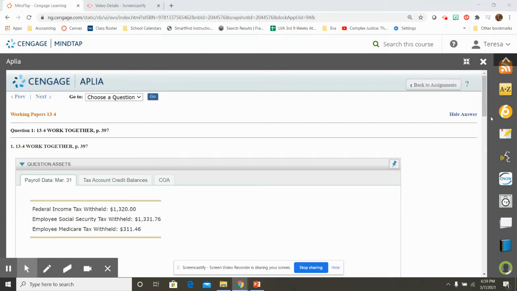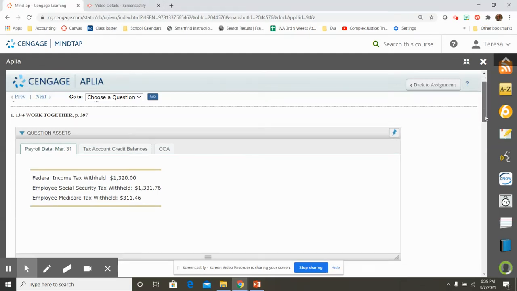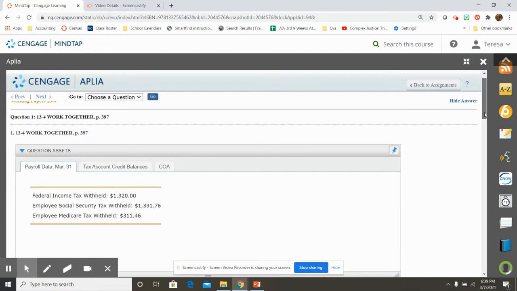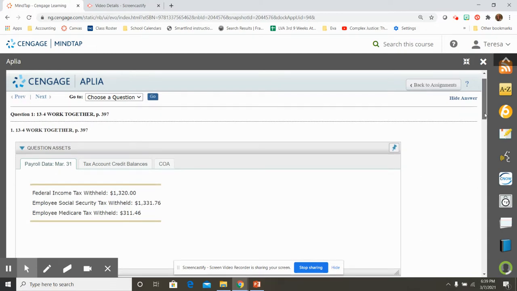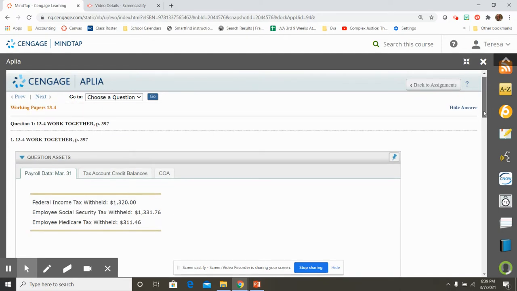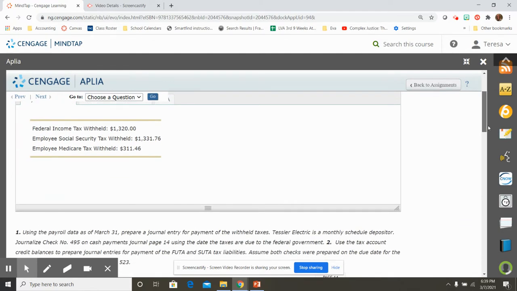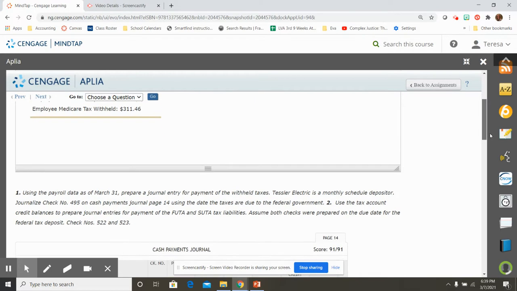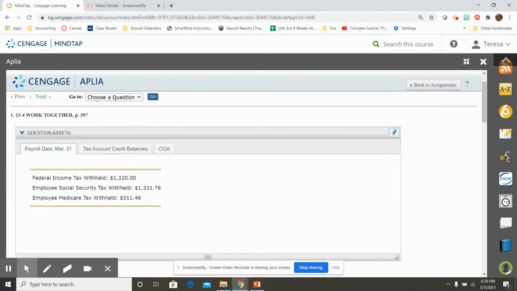All right, now I want you to go to Working Papers 13.4, and we're going to do the working together. What we have here is we're going to be journalizing this payroll data. Before I get to the instructions, let's just look at the information that we have.